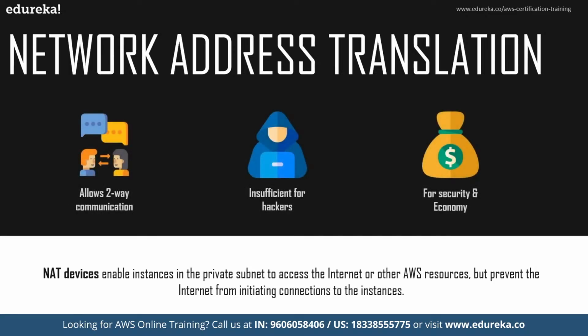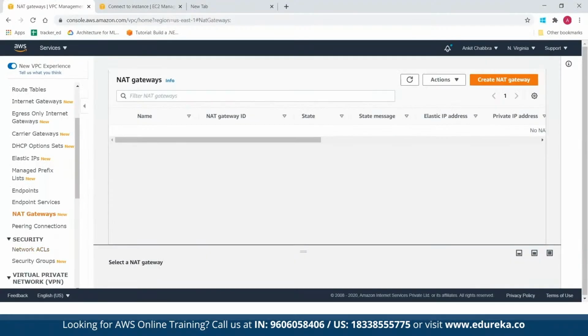NAT devices enable instances in the private subnet to access the internet or other AWS resources, but it prevents the internet from initiating connections into the instances. So it's a one-way communication wherein our private subnet can connect to the internet using this device, or using this NAT concept.